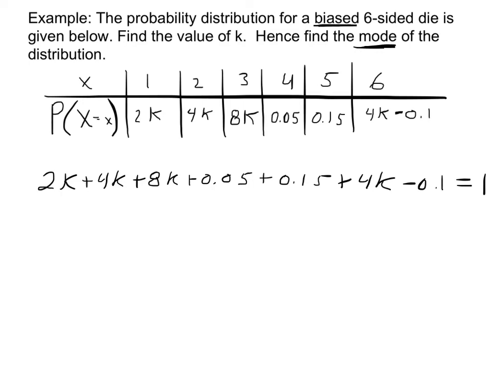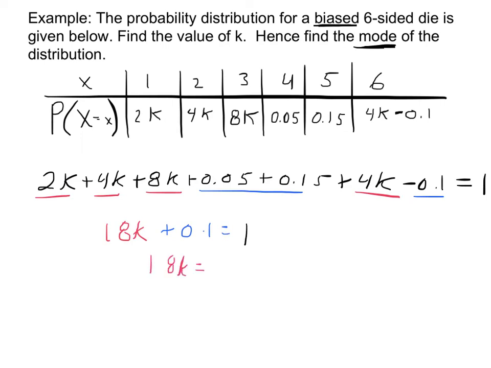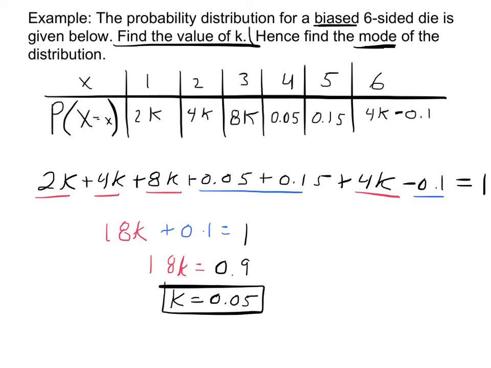Now if I go through and combine like terms, I've got 2k, let's see, that makes 14k, looks like I've got 18k, and then as far as numbers are concerned, this is 0.2 minus 0.1, so plus 0.1 equals 1. If I move things around, I'll end up with 18k equals 0.9, and so in short, k is 0.05. So that's the answer to the first part of the problem, find the value of k.